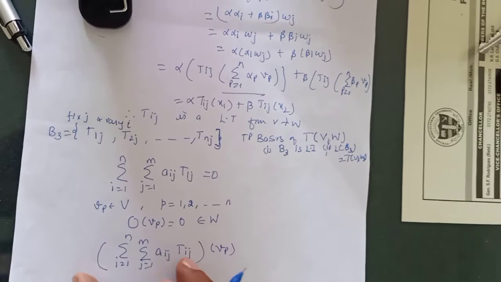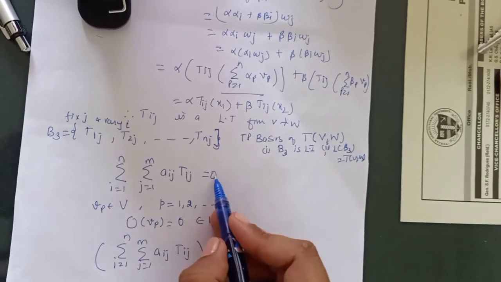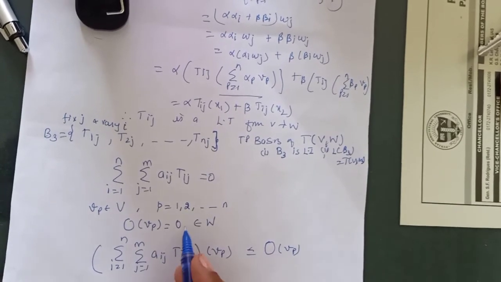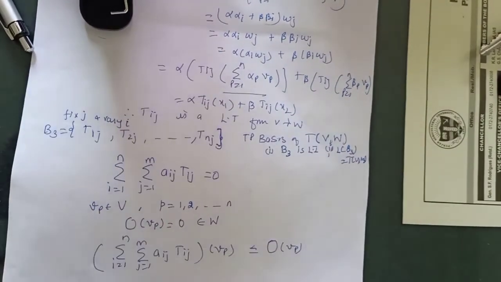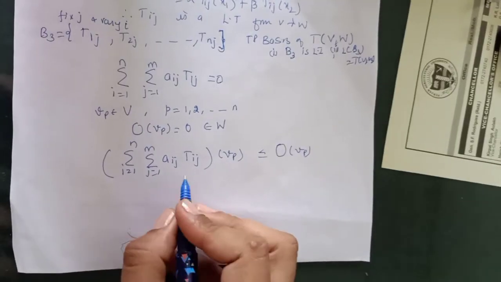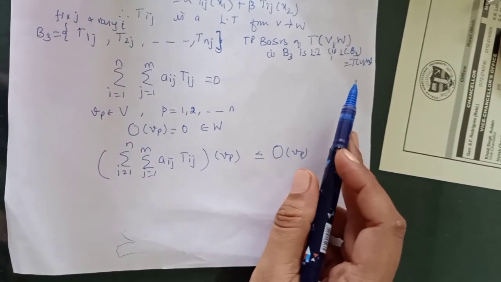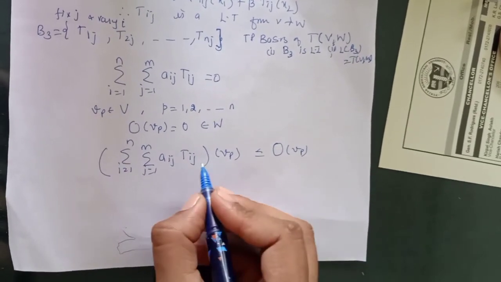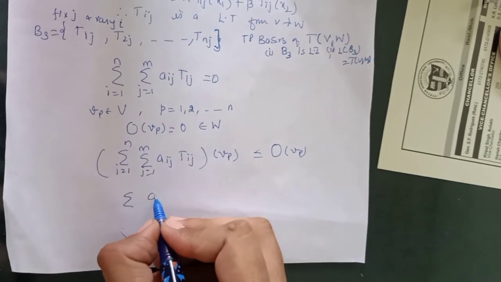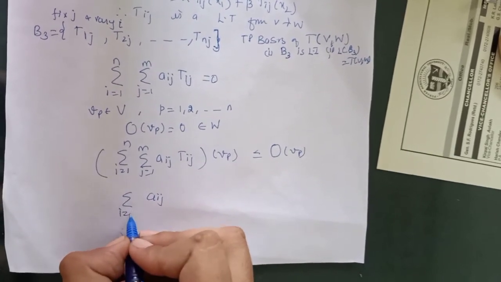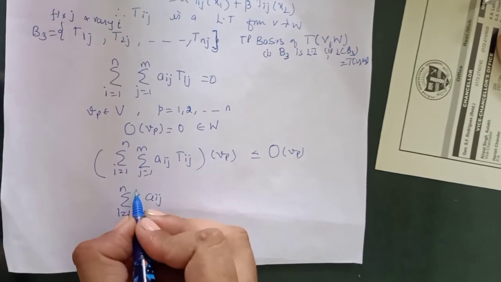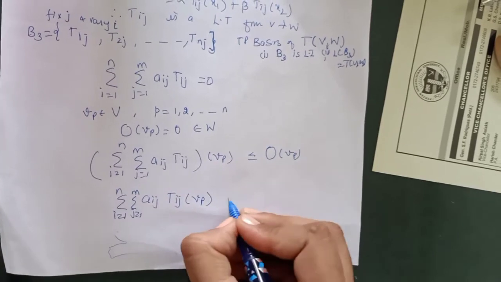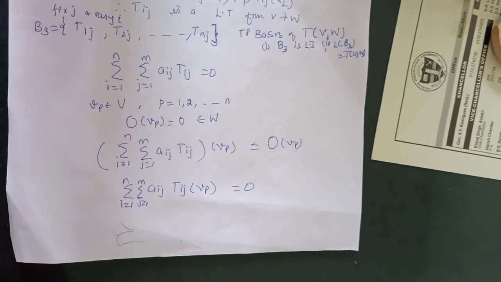On this side we have 0; if I write the zero operator applied on Vp, that will make no difference, it will become 0. Now use the definition of scalar multiplication on this vector space that I have given you as an exercise. What does that scalar multiplication do? It takes the scalars outside. I am not taking them outside actually, I am just applying it on this Tij Vp. On this side it will be 0 from W.